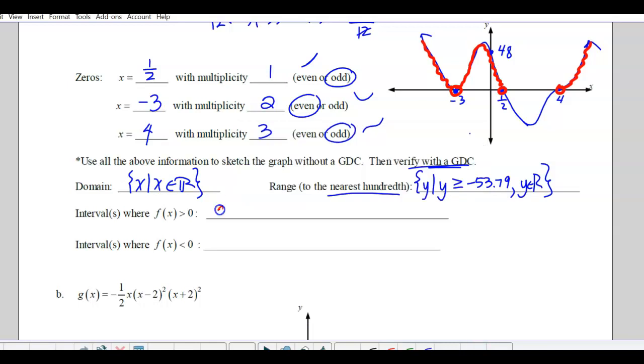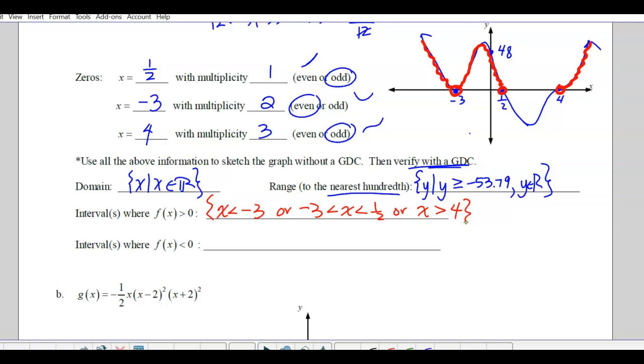Okay, so x is going to be less than -3, or between -3 and 1/2, or x greater than 4. You can use the word or, you can use commas. We'll just put that in squiggly brackets.